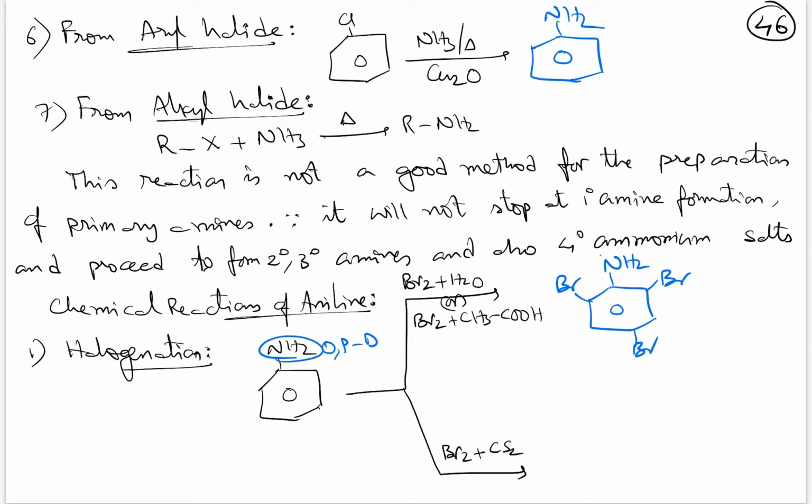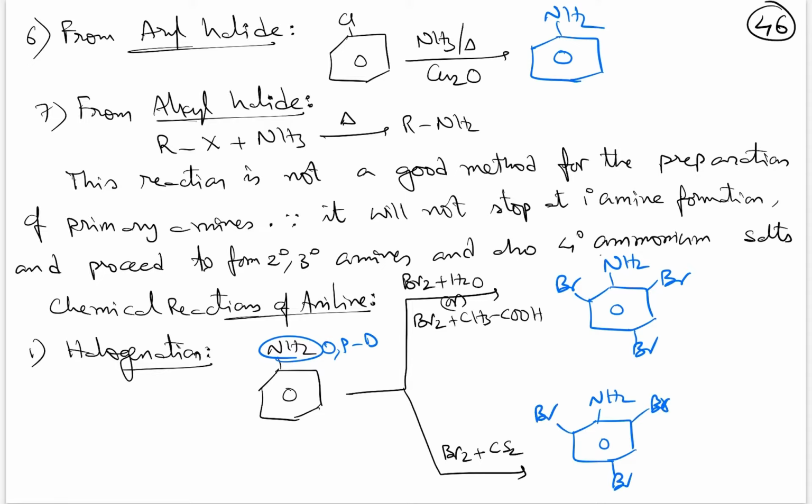Therefore, polybromination will happen. And you know how much it is an activating group. Even if you remove the protic solvent and put non-polar solvent, then also you will be getting a polybrominated product only. That much highly activated benzene ring it has.